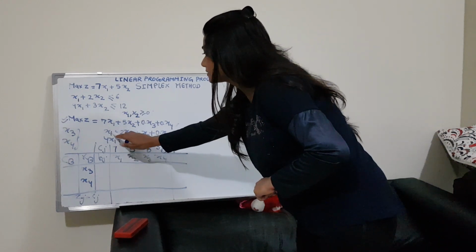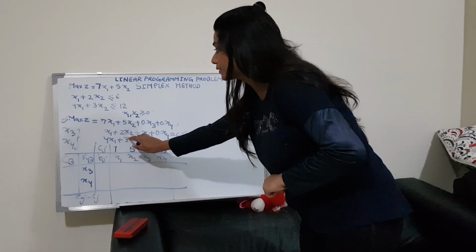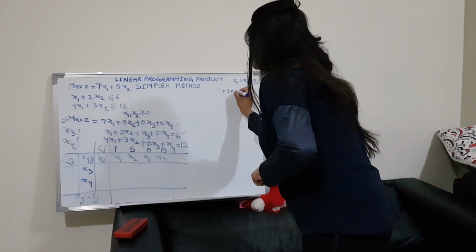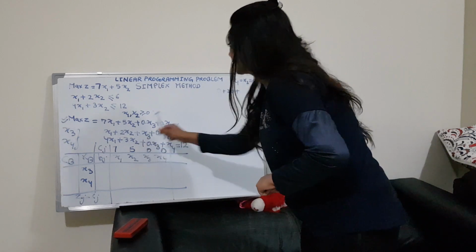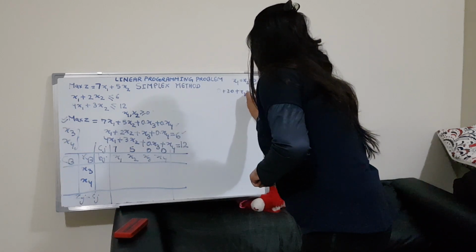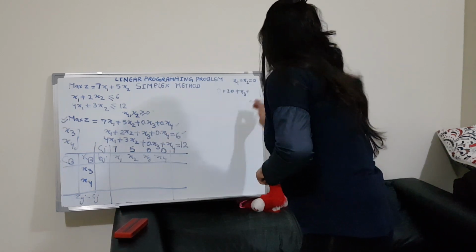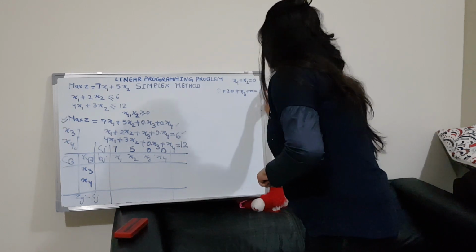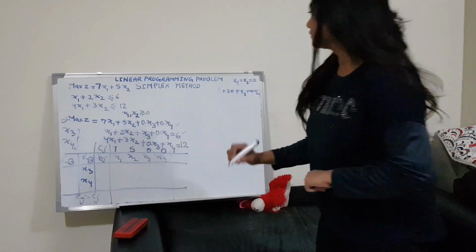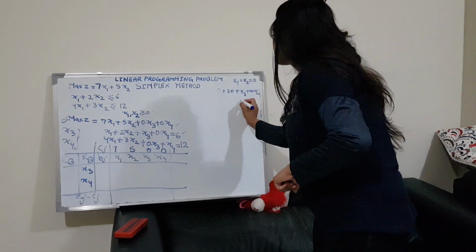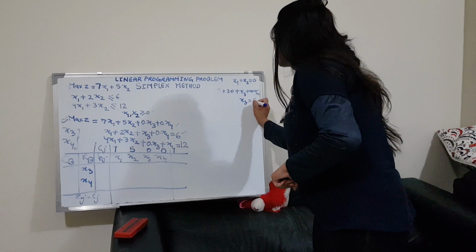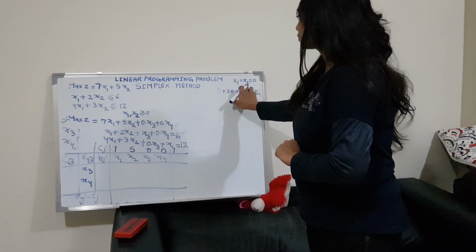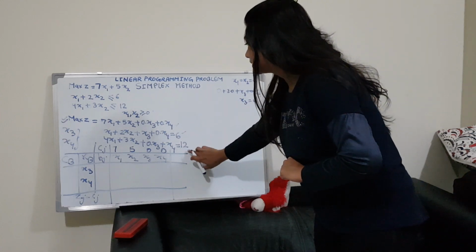If we put here 0, so 0 plus 2 into 0, 0 plus 0 plus x3, and 0 into x4 is 0 is equal to 6. So from first equation we are getting x3's value is 6.